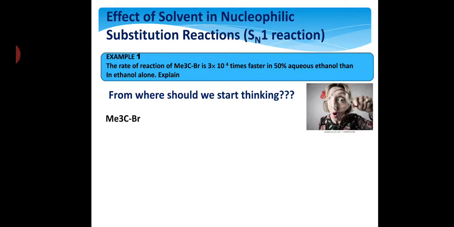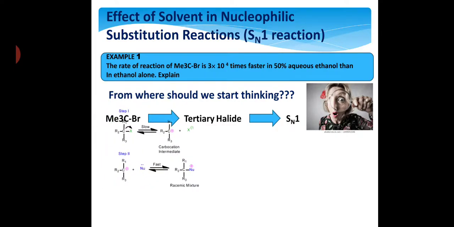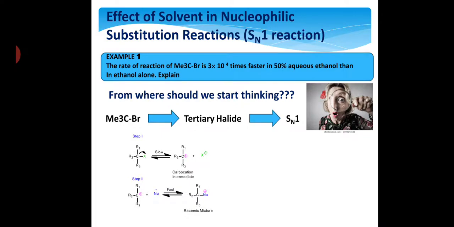It is a tertiary butyl bromide, which is a tertiary halide, and tertiary halide undergo nucleophilic substitution reaction via SN1 mechanism. SN1 mechanism proceeds through the formation of carbocation intermediate in the rate determining step, and finally the carbocation intermediate can give rise to the product.